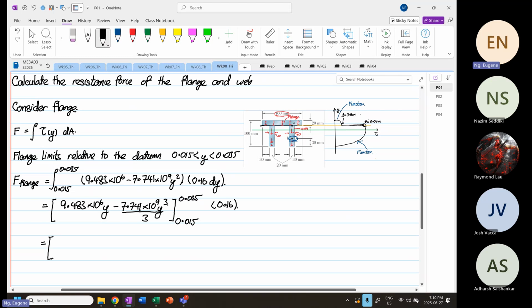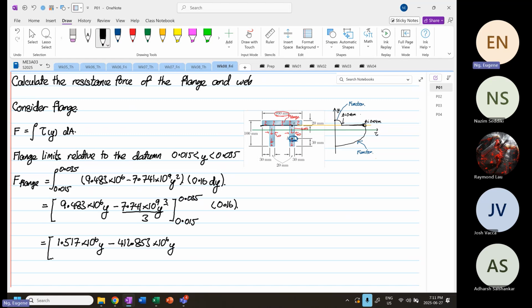So 9.483 times 10 to the power 6 times 0.16 is equal to 1.517 times 10 to the power 6, and then minus 7.741 times 10 to the power 9 divided by 3 times 0.16, 412.853 times 10 to the power 6, and you have y cubed, from 0.035 to 0.015.